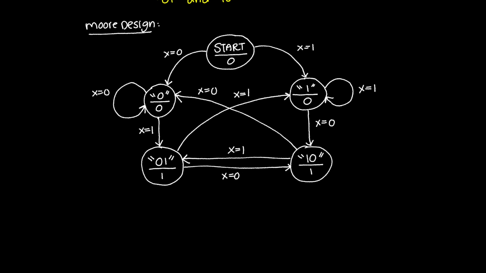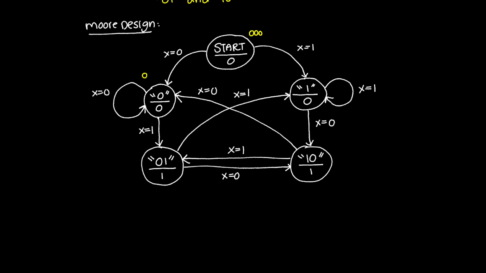How do I go about translating this now into a state table or excitation table? So the first thing I'm going to do is add some labels to my states. As you can see, I have 5 unique states here, so I'm going to need 3 bits. I'm just going to arbitrarily call this one 0, 0, 0.